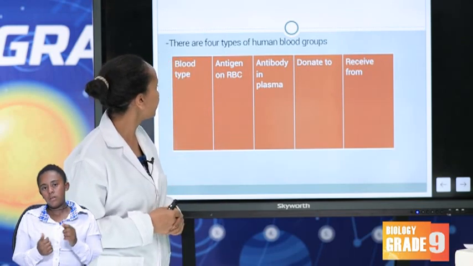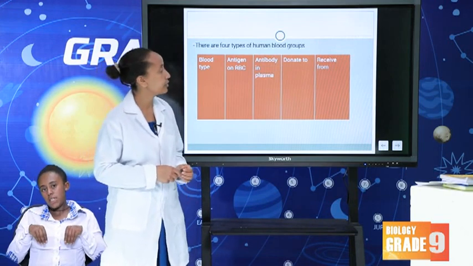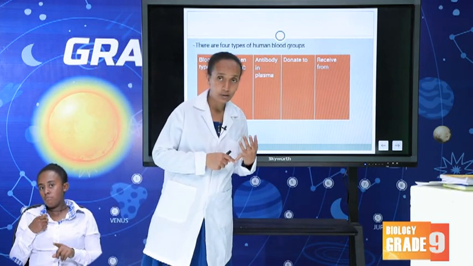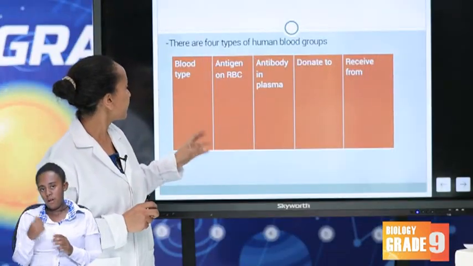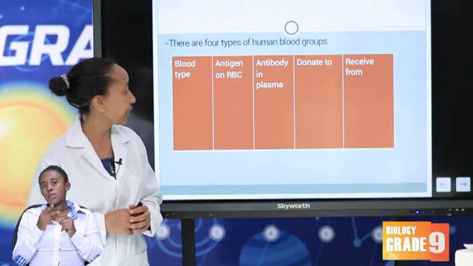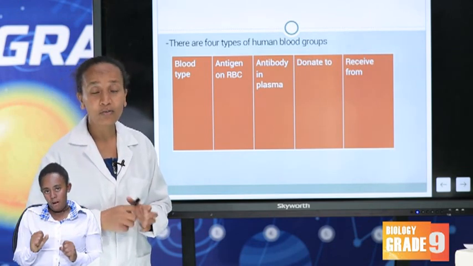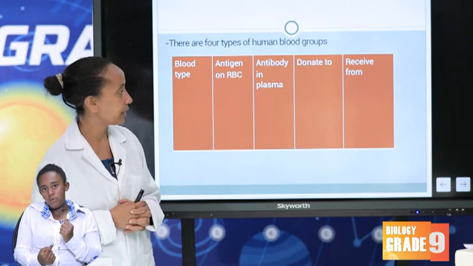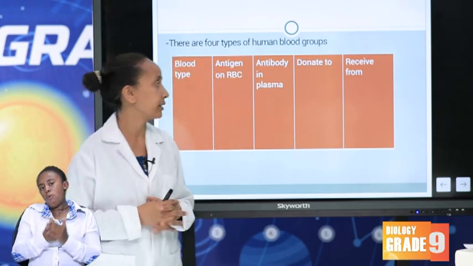And the second group, type B individual, can receive blood from type B individual and type O individual. And the third one, type AB individual, can donate only for AB individual, and it can receive from all blood groups.